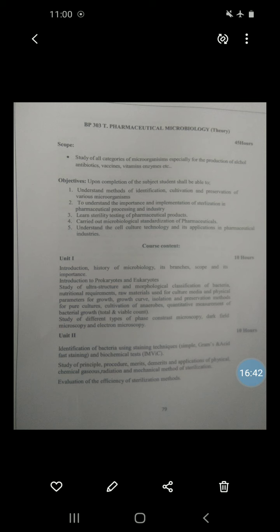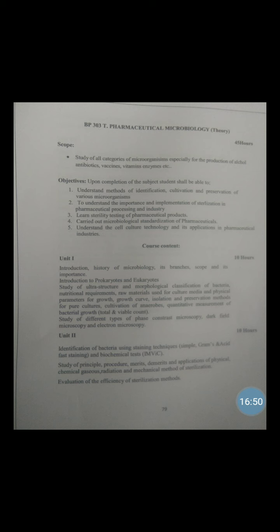So this is all about the mechanical method of sterilization, or filtration sterilization. That is, there is use of the membrane filter, asbestos filter or seitz filter, or candle filter. I will stop here.